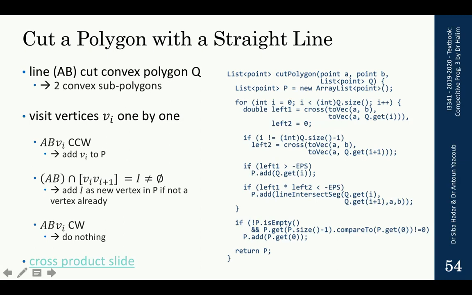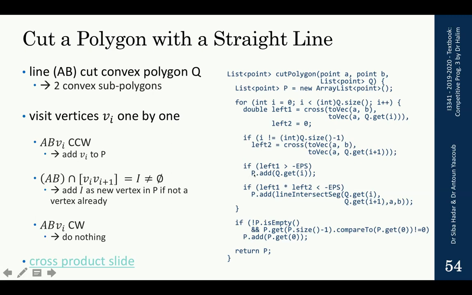And now, the first if is this point: if left 1 is greater than epsilon. I want to see if it is positive, so I don't check if greater than 0, because I recall this is a floating point operation, so if it is greater than minus epsilon, then the line AB with the vertex are counterclockwise, and here I want to add Vi to the polygon.